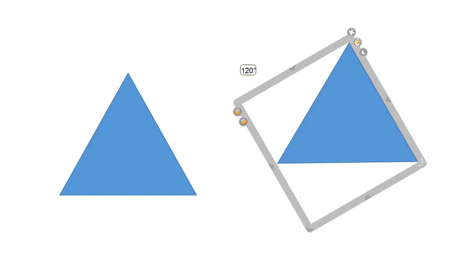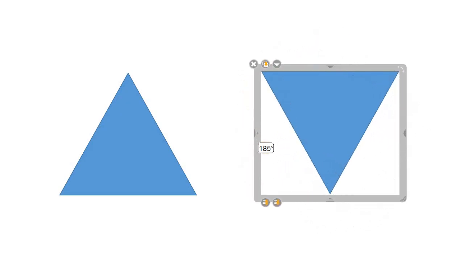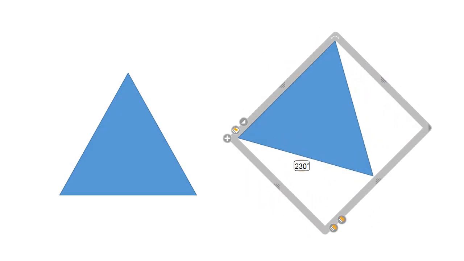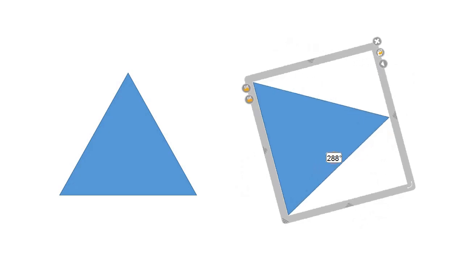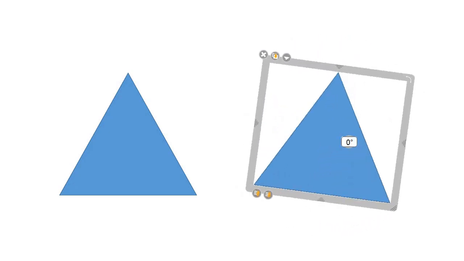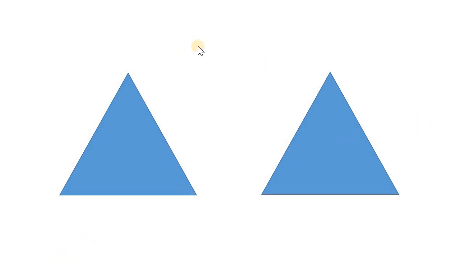So 120 degree, one angle. Next, see, 240 degree, second angle. And then we have 360 degree. See, 360 degree. So in a way you can say that the order of rotational symmetry of this figure is 3.